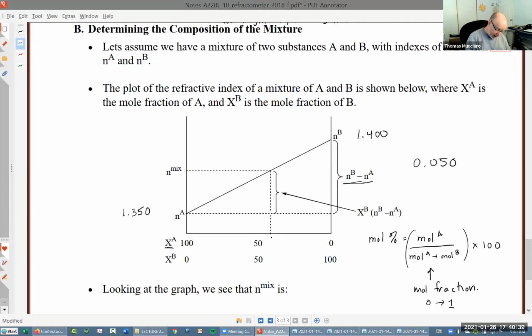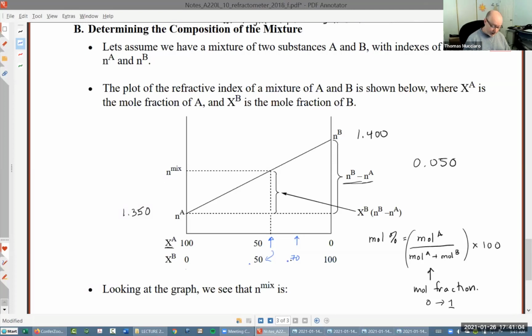This number right there, since we start at 0 here and go up, is 50%. This number here would be like 70% and so forth, right? Now, unfortunately, we did it as a percent. It really needs to be 0.5, 0.7 for this to work.